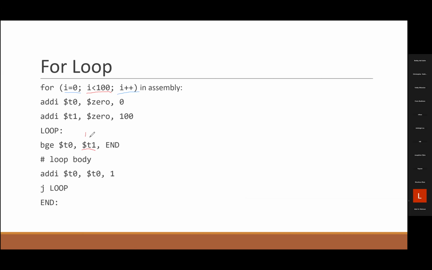So t1 is 100 here, and t0 is just I. So if I is still less than 100, we'll continue on to the next line, which is just the loop body. After executing the loop body once, we'll increment I by 1, and then jump back to the start of the loop.